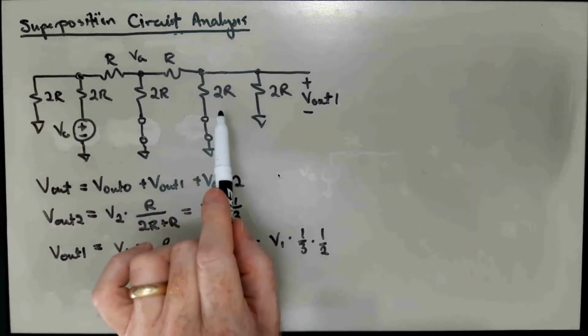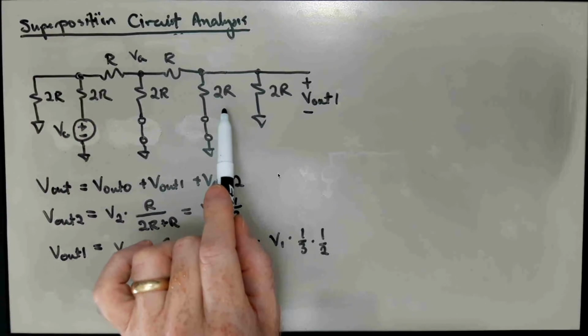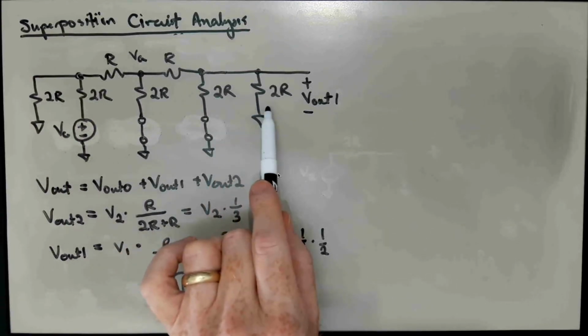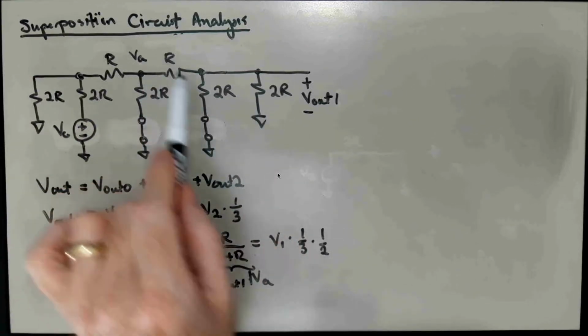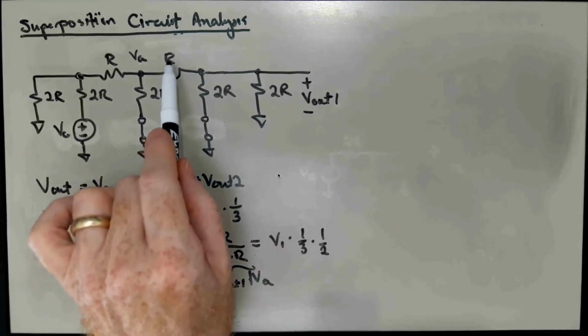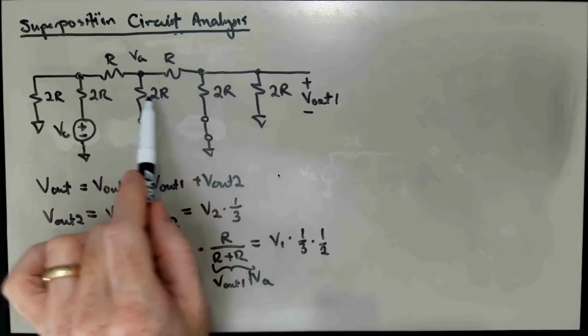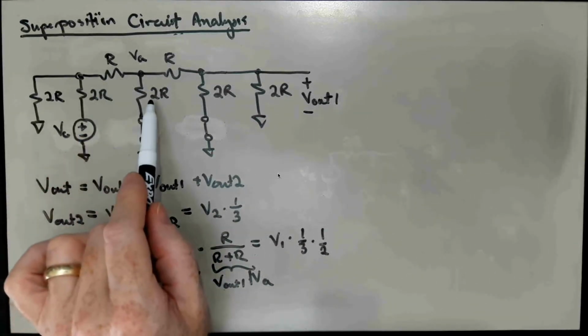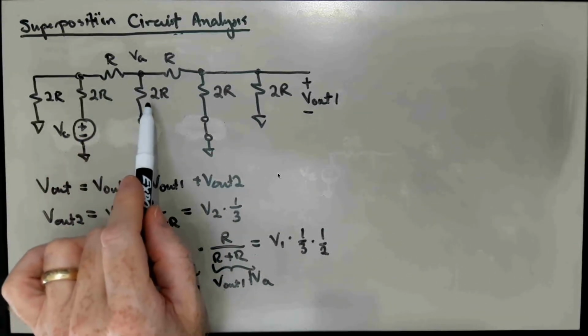And we can do that conveniently by starting over here to the right. 2R in parallel with 2R gives us an R. R in series with R gives us a 2R. 2R in parallel with 2R gives us an R, and R in series with R gives us 2R.